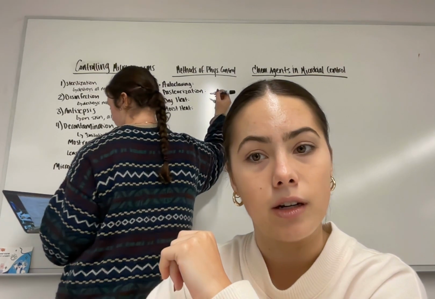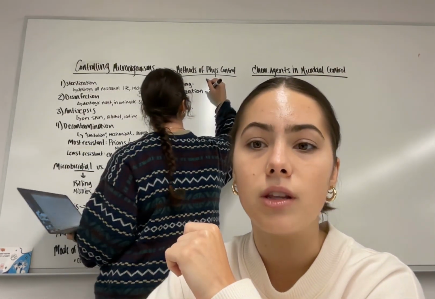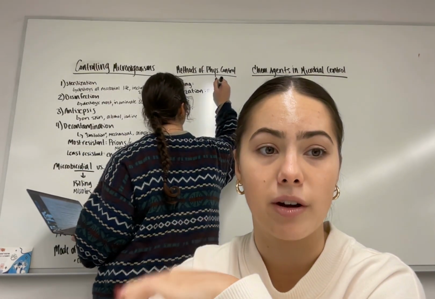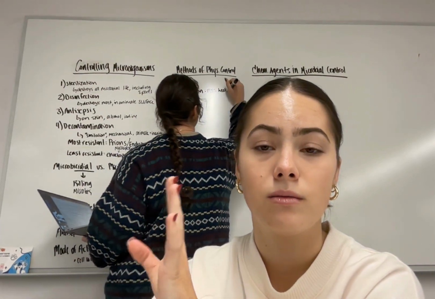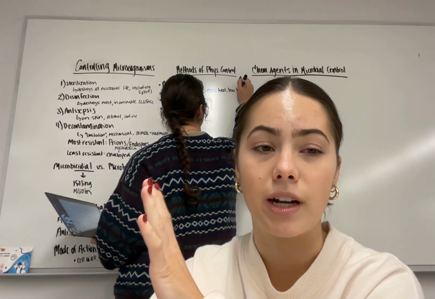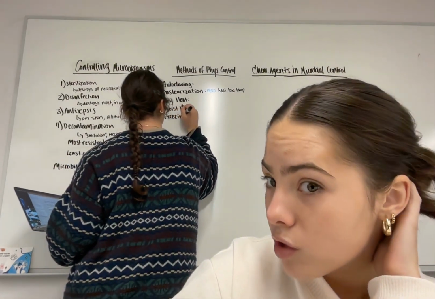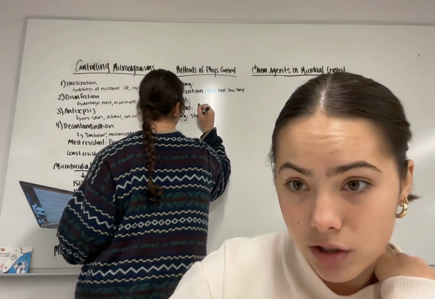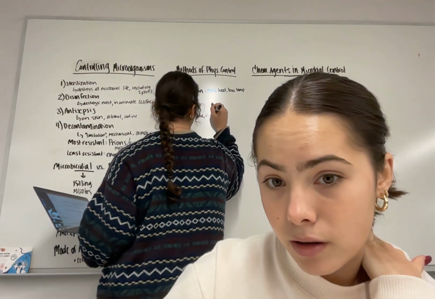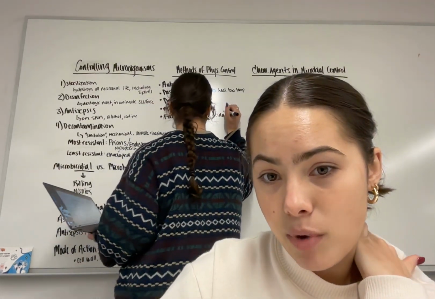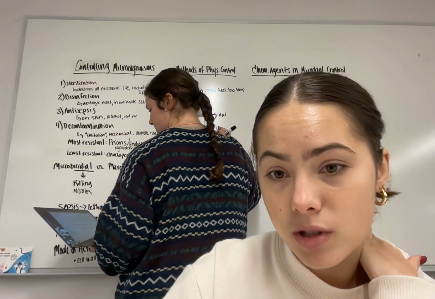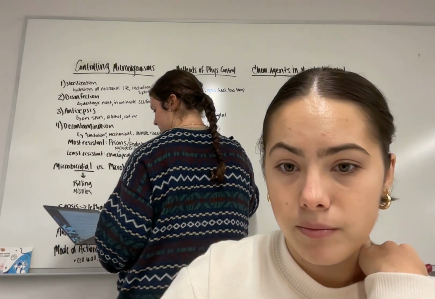And then on the other hand, freezing slows down microbes, so it's static, not cidal. So we have desiccation, which is the drying, dehydration of vegetative cells. And then we have lyophilization, which is a combination of freezing and drying.